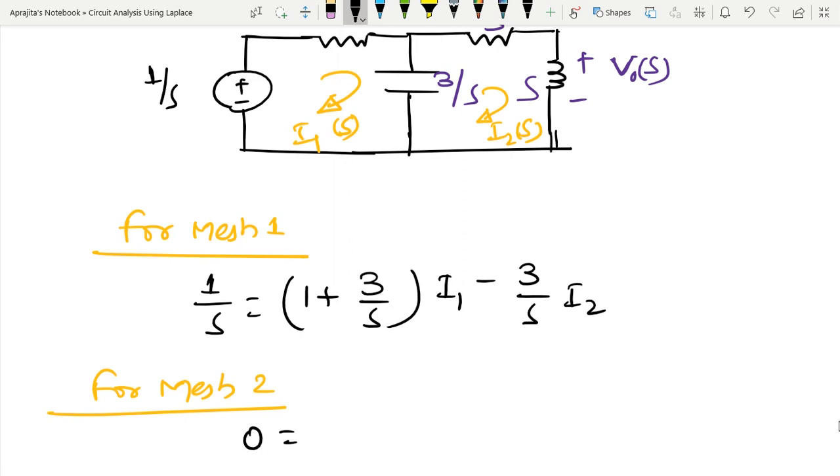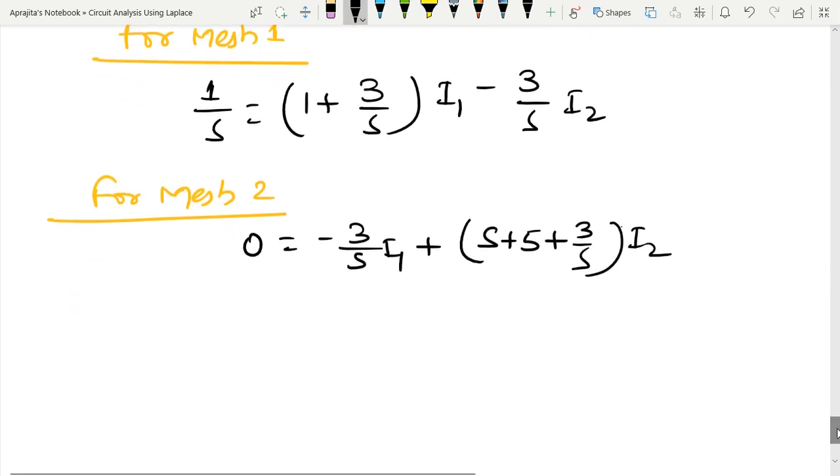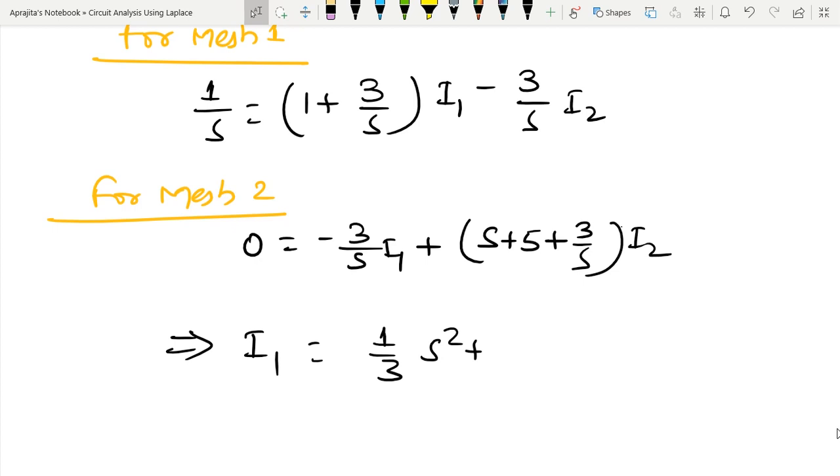If you write the equation, I am going to write it directly and not discuss it, because everything is pretty simple, you can apply Ohm's law, and several times I have discussed this. Basically now I have I1 equal to 1/3 (s squared plus 5s plus 3) into I2.